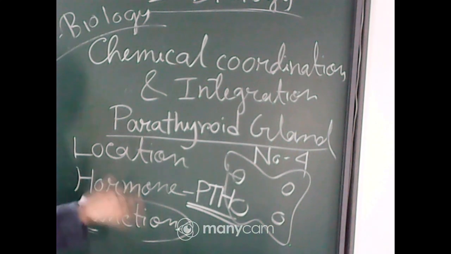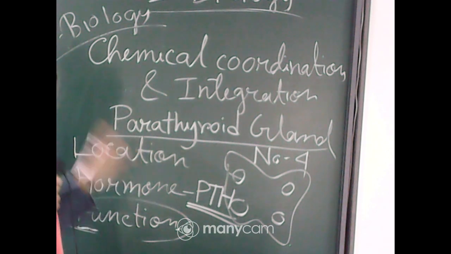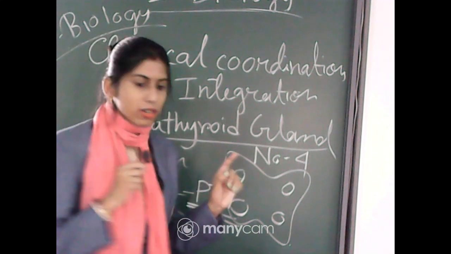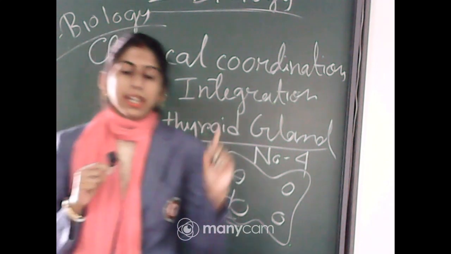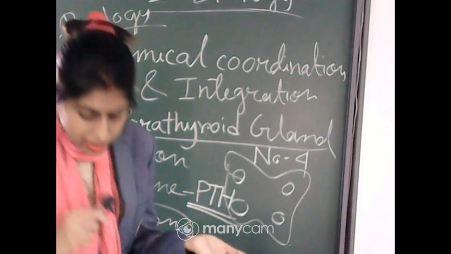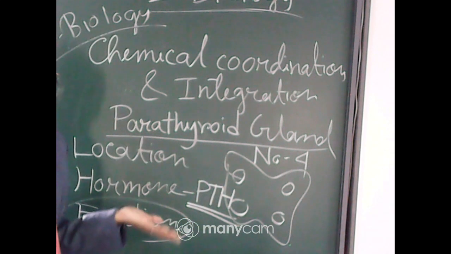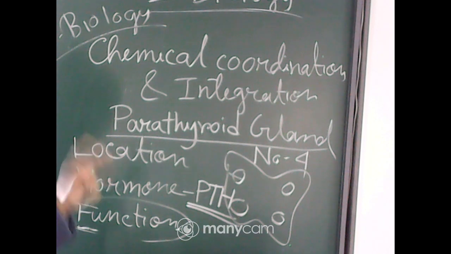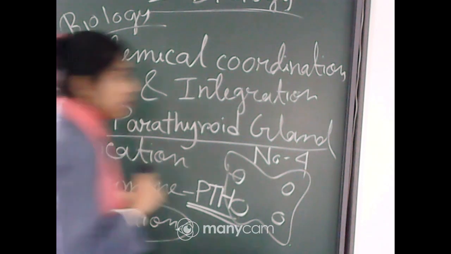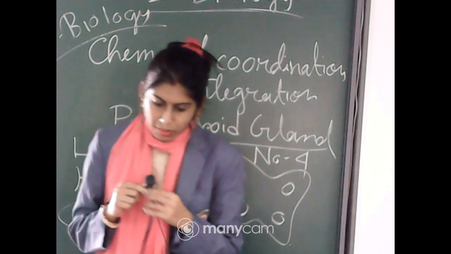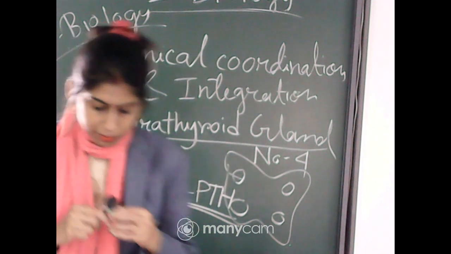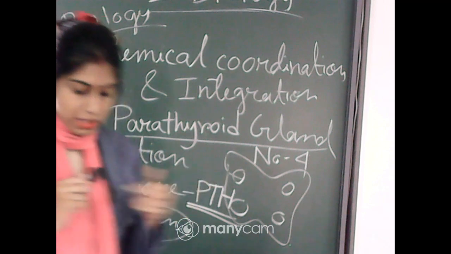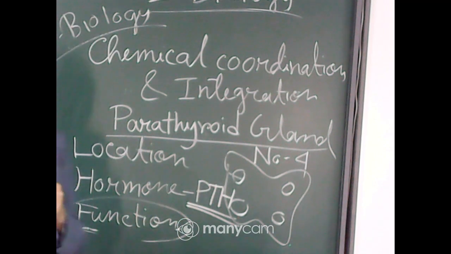Now, parathyroid hormone increases the calcium level in the blood. So the first function of parathyroid hormone is that it helps in increasing the calcium level in the blood. The second is that parathyroid hormone acts on bone and stimulates the process of bone resorption, that means demineralization or dissolution.